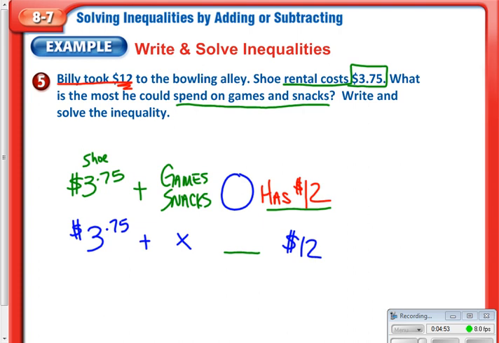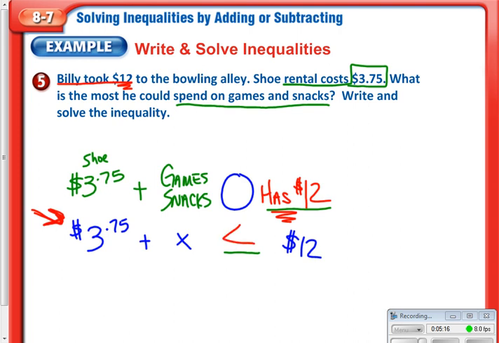So now we need to determine, is it greater than or equal to or less than or equal to? If this is the amount of money he spends on the left side, this amount cannot be greater than the amount he has. So if the left side can't be greater than, it would have to be less than.